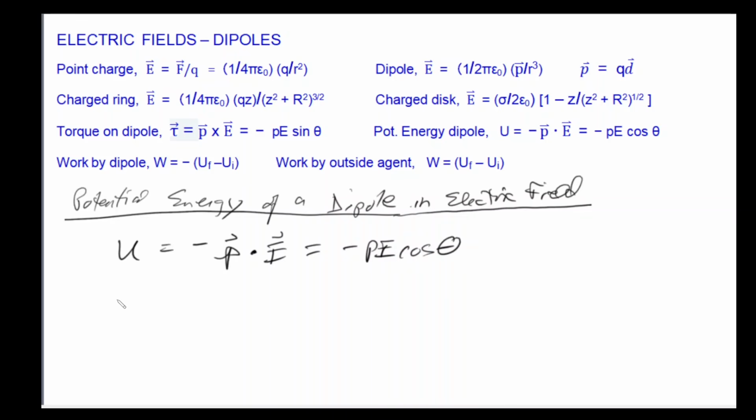And it turns out that we define U equals 0 when theta is equal to 90 degrees, when the dipole is perpendicular to the electric field. So you have P and you have E.